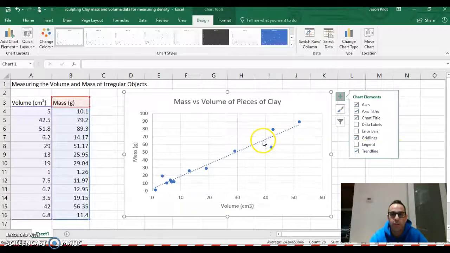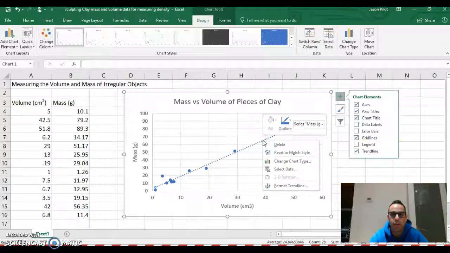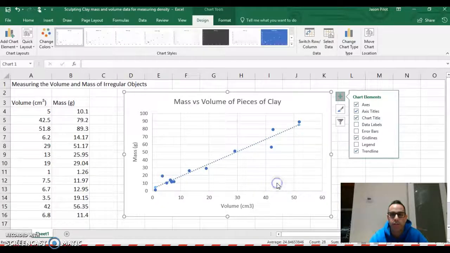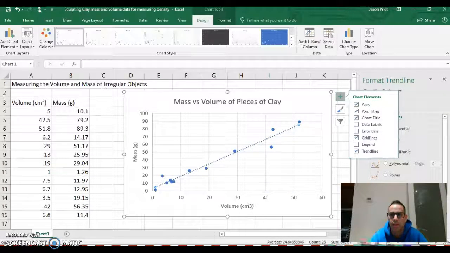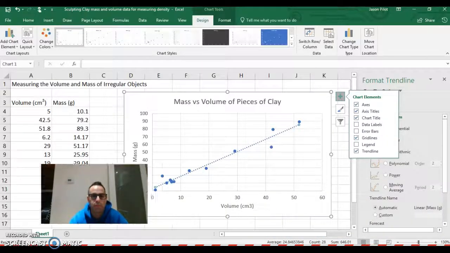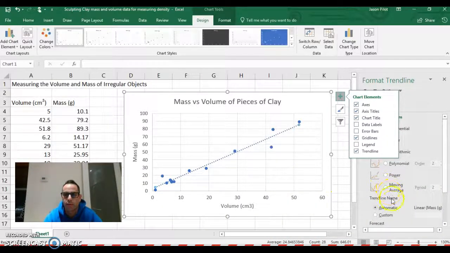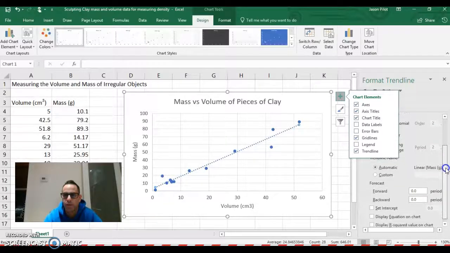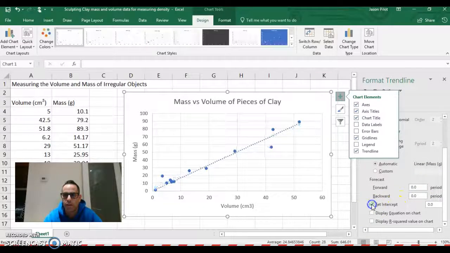So with my trend line, I'm going to right click on the line and format the trend line. I'll pull myself out of the way here so you can see what's going on. We're going to scroll down a little bit, and we're going to set the y-intercept at 0.